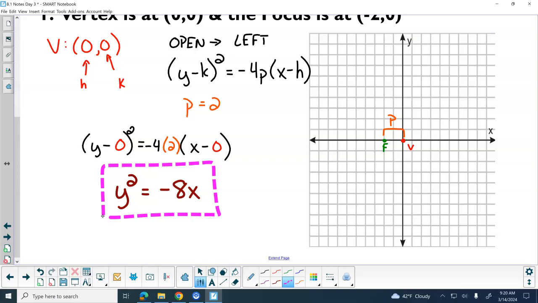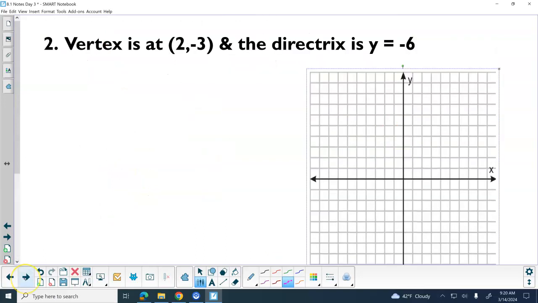Okay. Ready to try one on your own? Vertex is at 2 comma -3, and the directrix is y equals -6. I want you to find me the equation of that parabola.